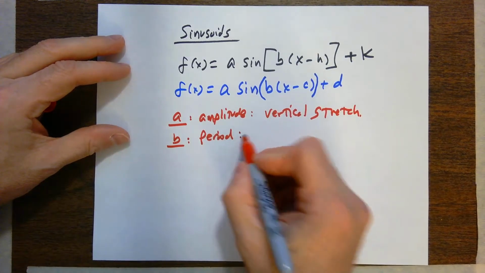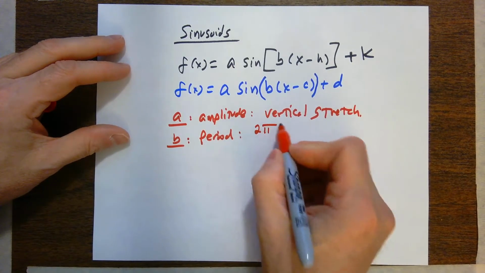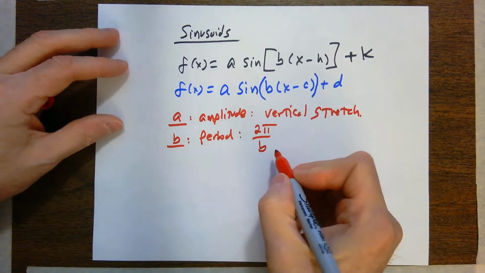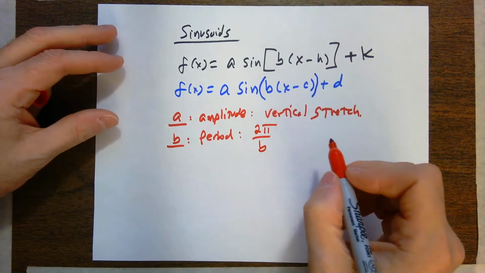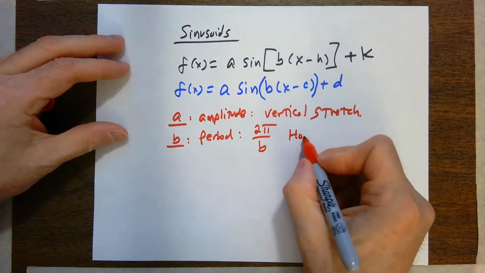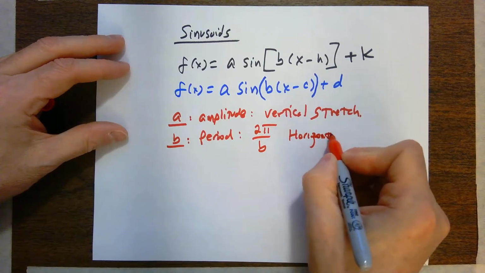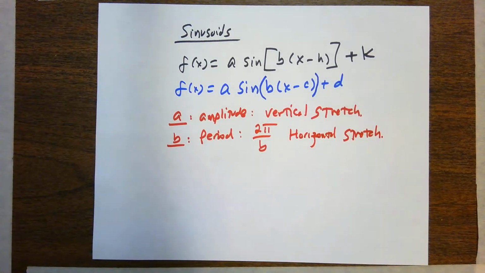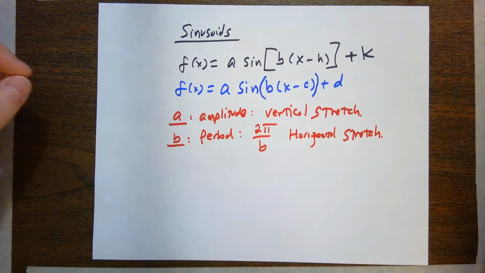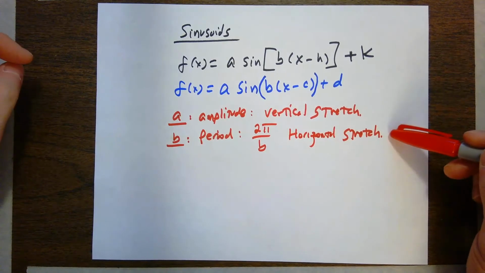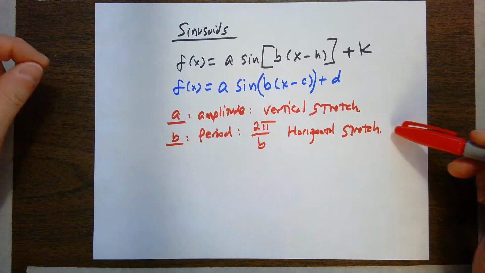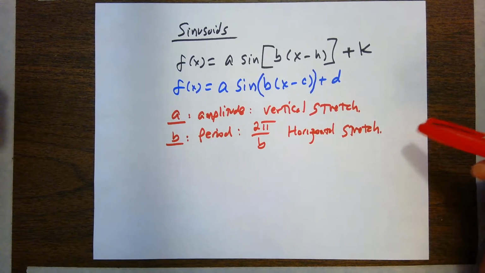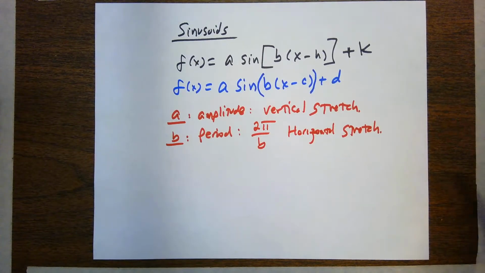So we have a magic formula to find the period: 2 pi divided by b, and this is going to be my horizontal stretch. It's horizontally stretching it left and right like a Slinky, making it longer, making it shorter. It's not going to change the maximums or minimums, but it's going to change the x and y intercepts. And how often does this thing repeat?